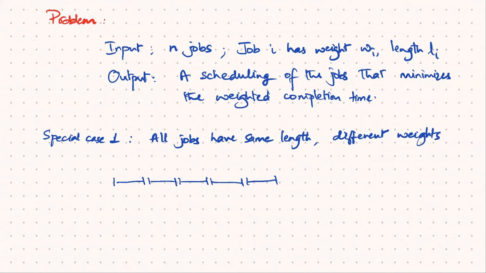What happens if we permute these jobs, if we move these jobs around? Will the overall completion times change? And what about the weighted completion time? If we want to minimize it, what would we need to do?